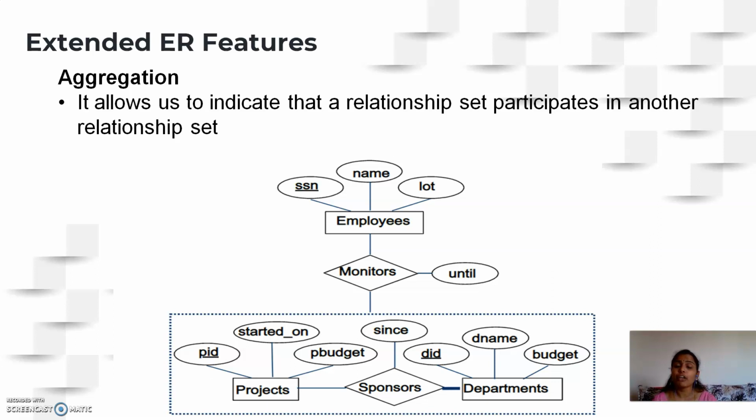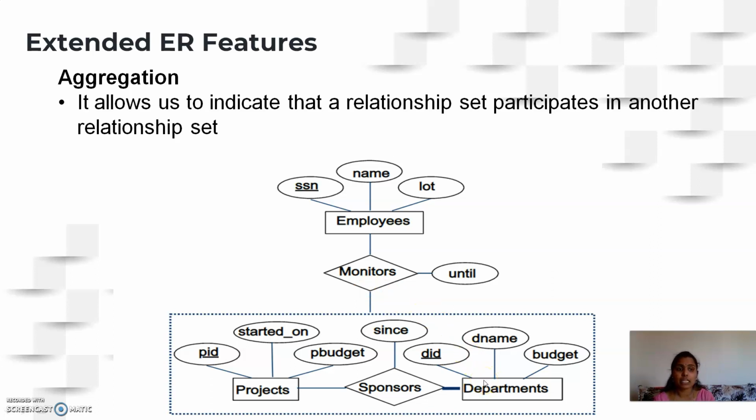So now, if we wanted to depict the employees who are monitoring different projects that are sponsored by the departments, we may be thinking of this as a ternary relationship also, because the employees here may be monitoring the projects and the employees are working in the departments.